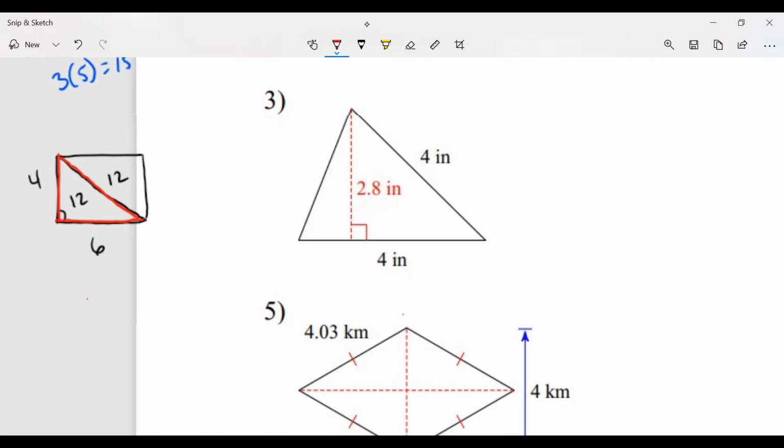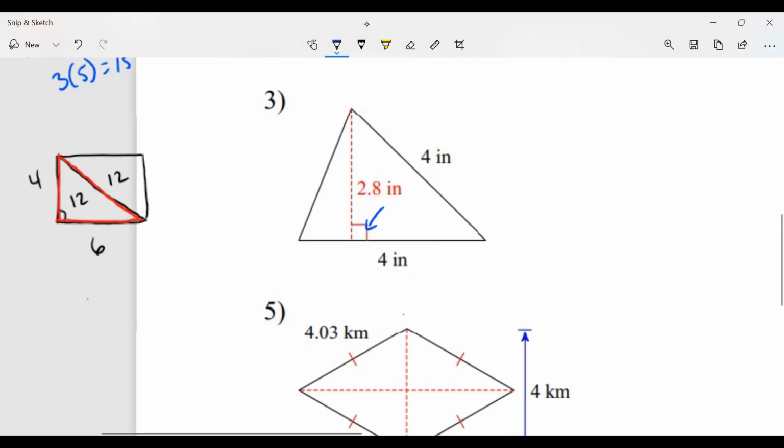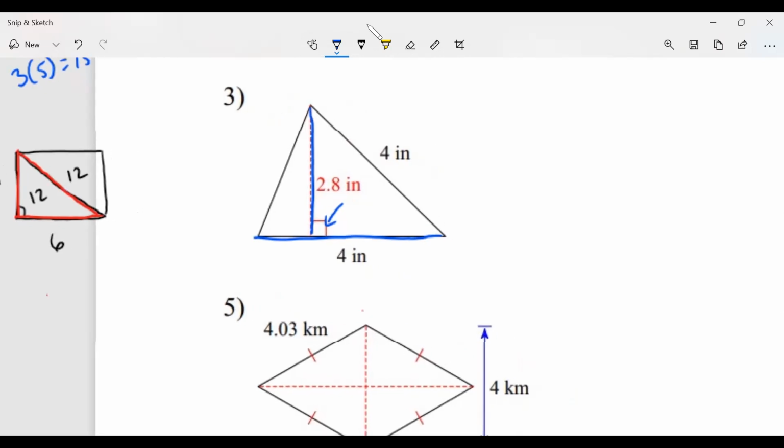All right, so I look at my 90-degree angle here. It's right there. It is made by the measurements 2.8 and 4. Notice I don't have to use every number given. Okay, so 2.8 and 4. So I'm just going to multiply those out.